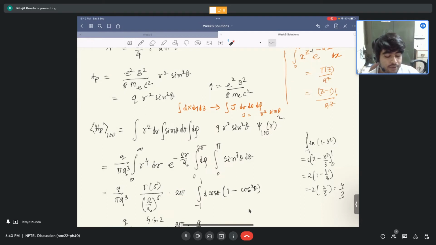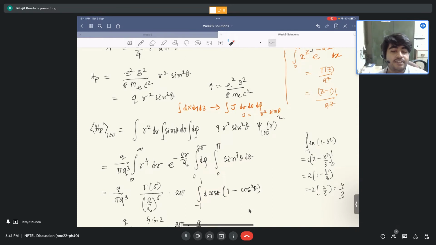Whenever we have this kind of integration for spherical coordinate systems, it is a good idea to convert all of these things into cosines. In cosines, this becomes very, very simple. So I am writing d theta times sine theta as d cos theta, and there will be an additional minus, which at the end of the day goes away, so I am not writing the minus.